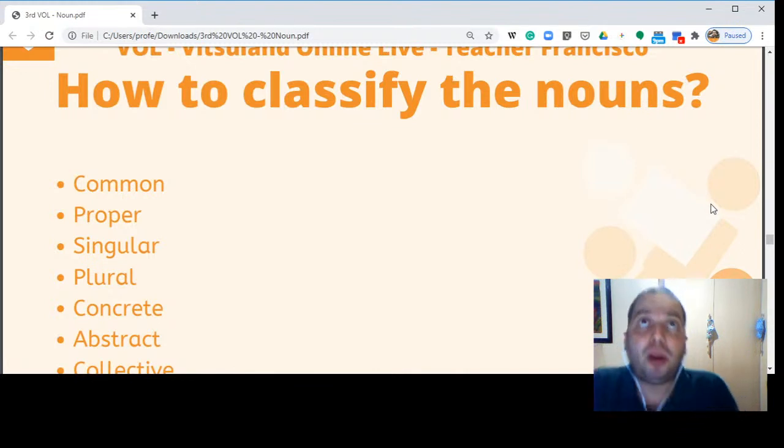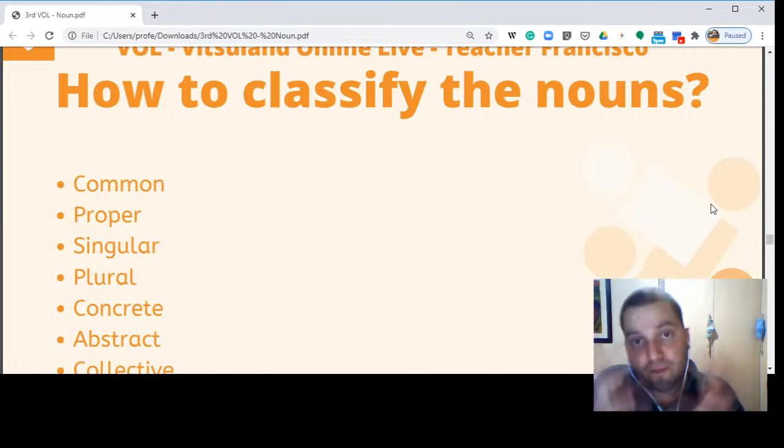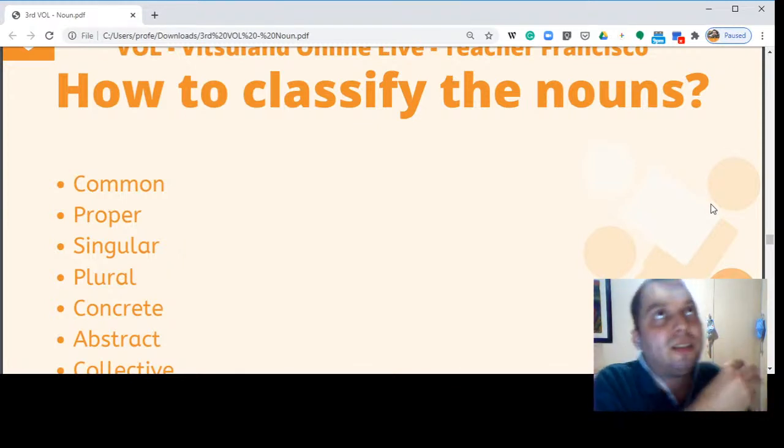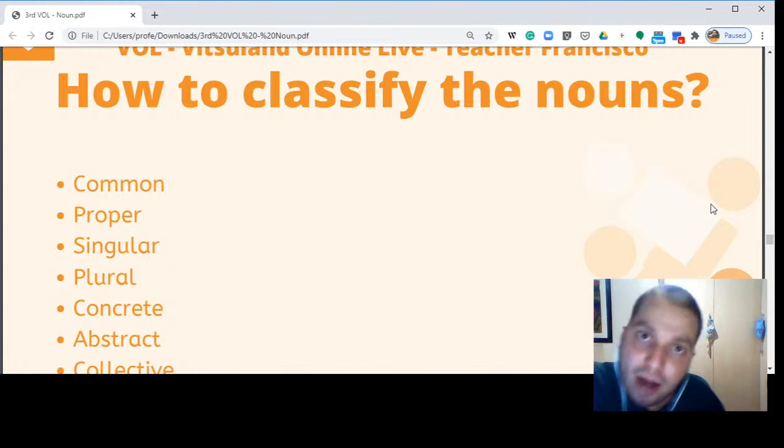Proper nouns refer to a specific person or some people. They refer to places. In this case, we can consider, for example, countries, continents, cities, towns. So specific ones, when we name them, we have a proper noun.